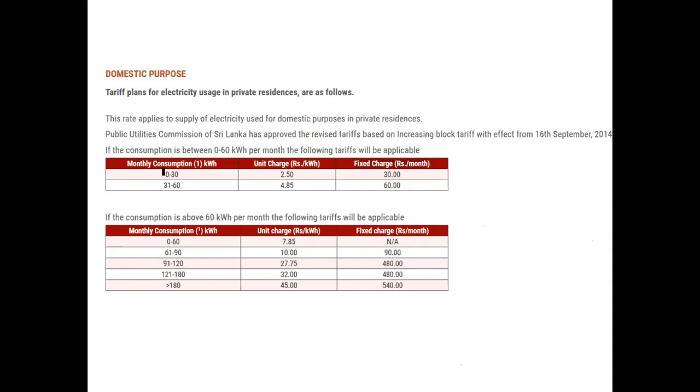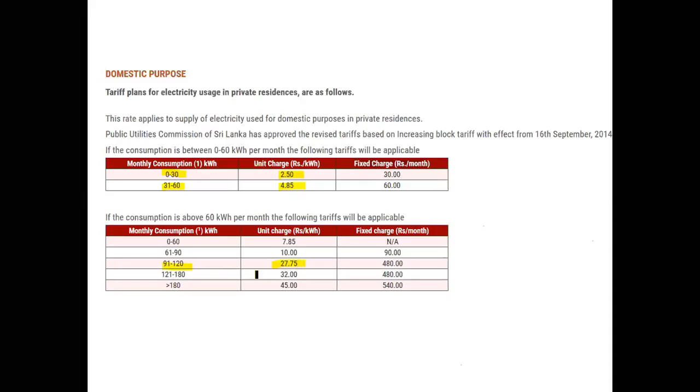If the consumption of electricity is between 0 to 30 kilowatt hours, the unit charge is 2.50 rupees. If the monthly consumption is between 30 to 60, the unit charge is almost doubled. And if the consumption is above 90, the unit charge is almost 30 rupees.